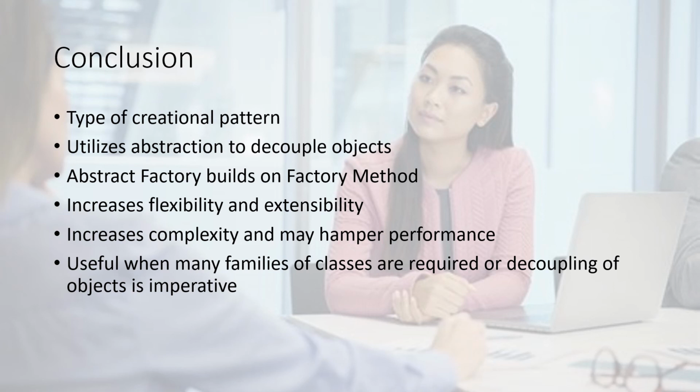The factory method can be extended by adding another layer of abstraction to provide for the creation of multiple factory types. This is called the abstract factory pattern. Use of these patterns can make an application more reliable and flexible, while also allowing it to be more easily updated for use with additional families of classes.